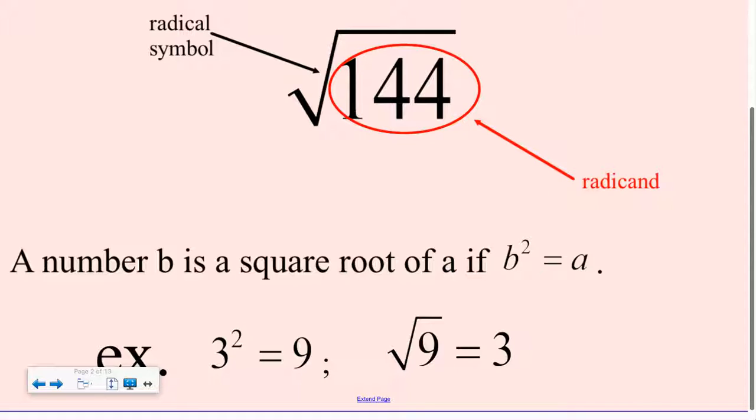So at the top of your paper, if I were you, I would list what your perfect squares are. What's 1 squared? 1. Good. What's 2 squared? Good. 3 squared? 9. Good. What about 4 squared? 16. What about 5 squared? 25.